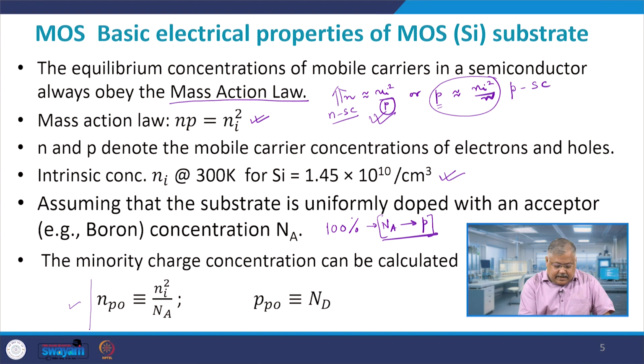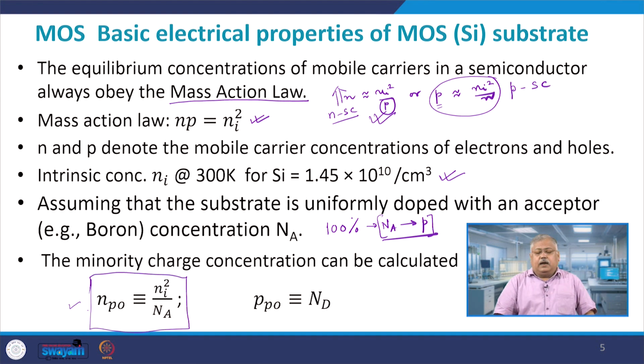So, what I get is np0 equals ni square by Na, where Na is the acceptor charge concentration. So, this is the number of electrons which you get, and the number of holes which you will get will be approximately equal to Na, and that will give you the value of the number of holes in the P type semiconductor.